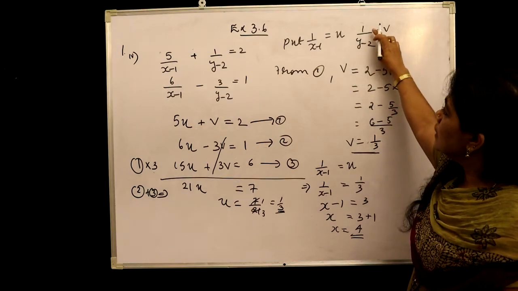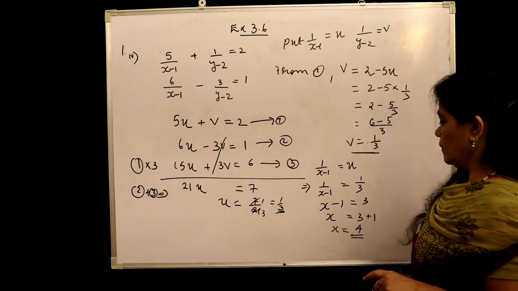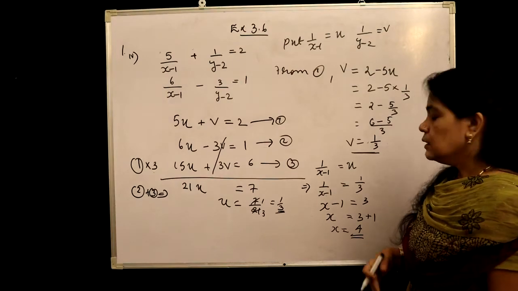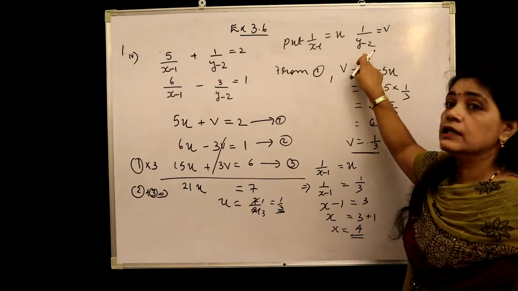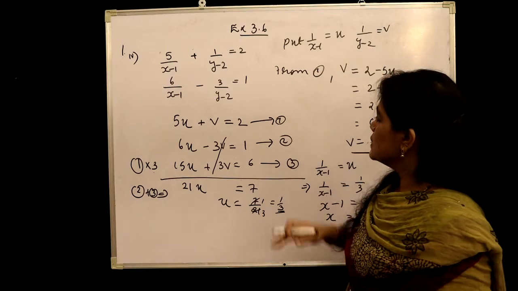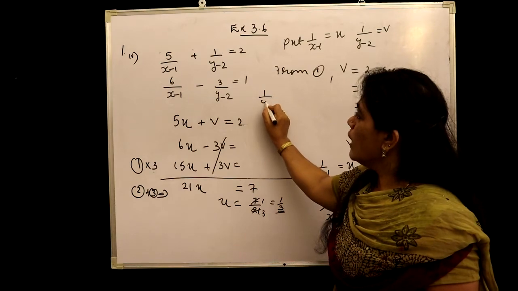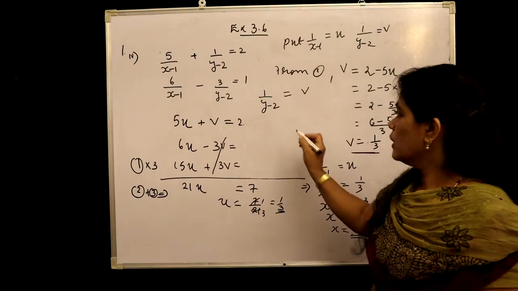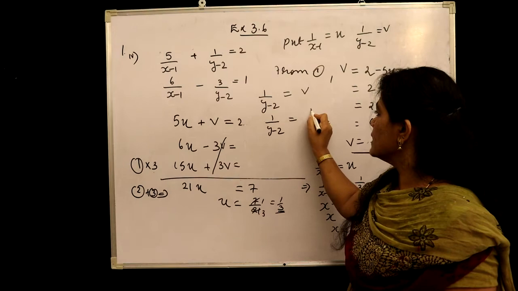And here we have 1 by y minus 2, where v is in... now we need the value of y. For that we substituted v as 1 by y minus 2. From this, we have 1 by y minus 2 is equal to v, and we got v as 1 by 3.